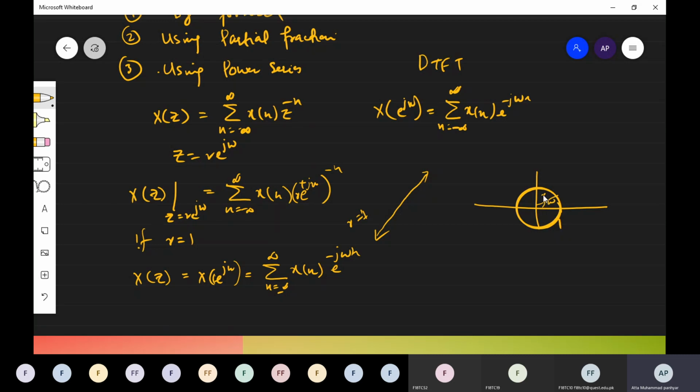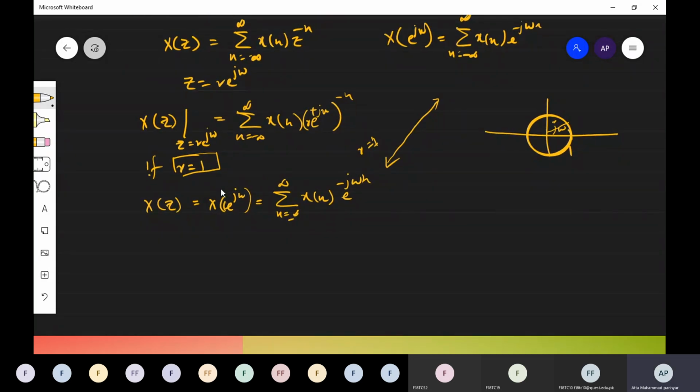So when r is 1, the radius of the circle is 1, and the DTFT is strictly equal to the Z transform. But what if r is not equal to 1? Then x of r e to the power j omega is equal to the summation from n equals minus infinity to infinity, right? If you solve this, then what do you get?